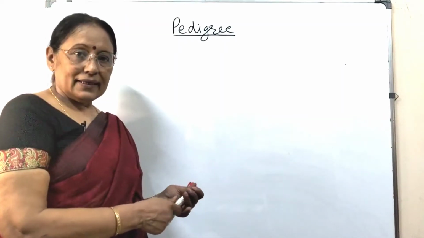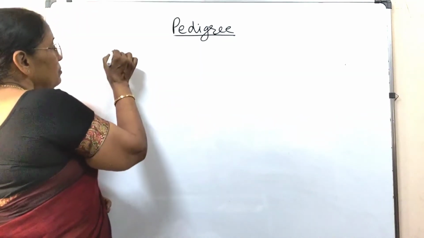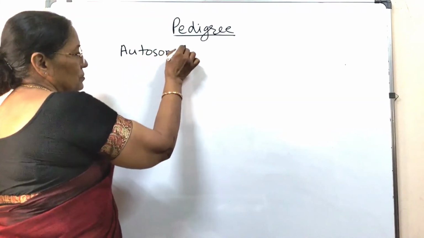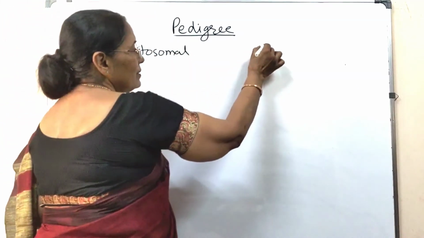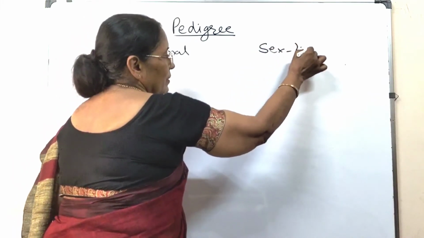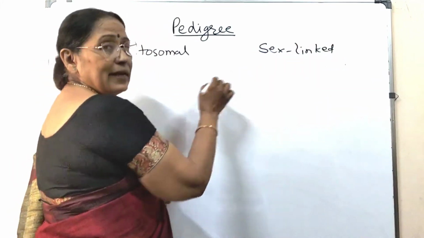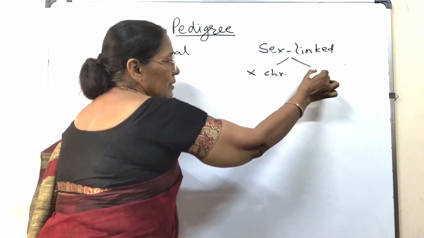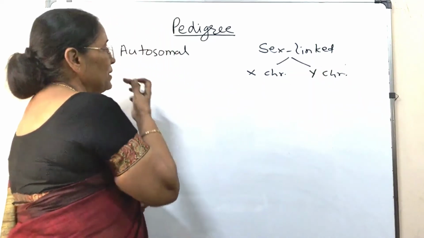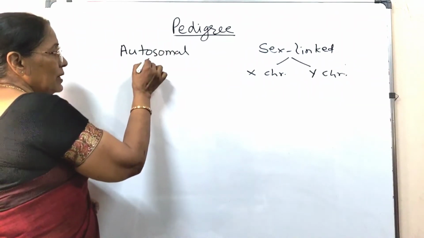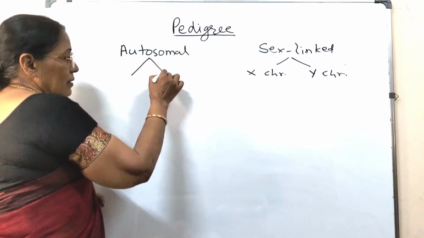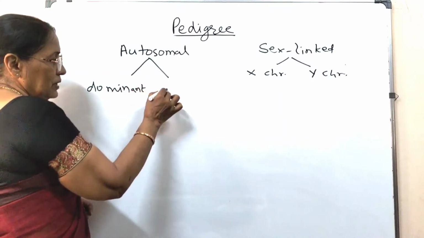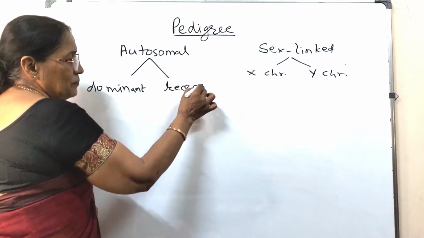Let us see. Thus, the trait may be autosomal, meaning present on autosomes, or it may be sex linked. Sex linked may be on the X chromosome or on the Y chromosome. Fine. Now this autosomal may again be dominant or recessive.